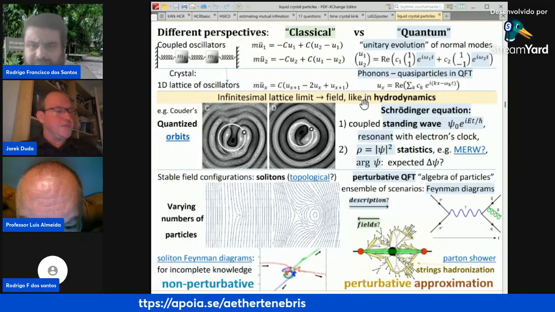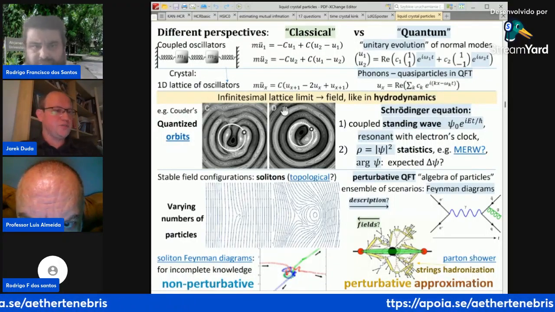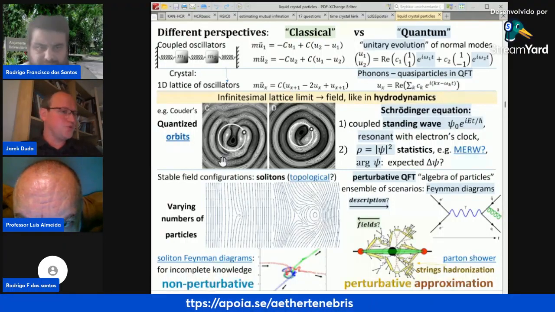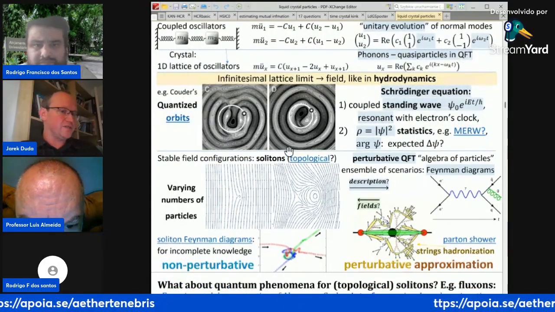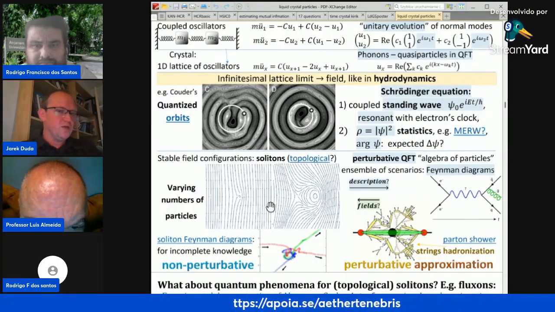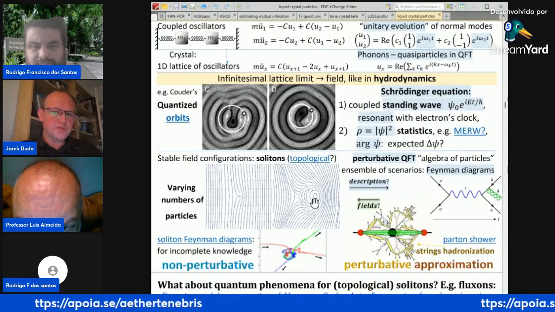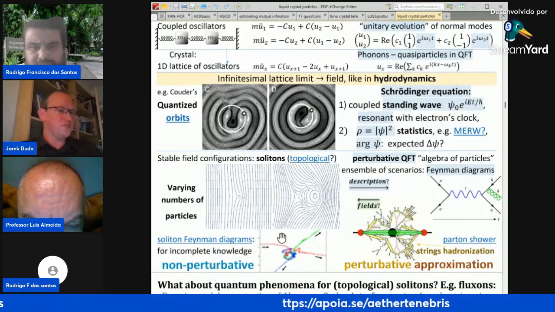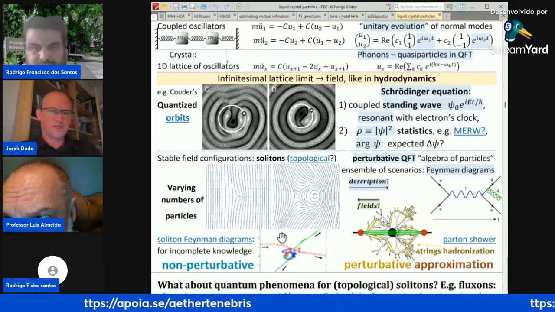Then in this infinitesimal limit, as mentioned, they also get quantized orbits, for example, in this bouncing droplet, because this coupled wave has to become a standing wave. And finally, we need this varying number of particles in quantum field theories, and in soliton models, we get it. Yes, we have 0 particles here, and now there is positive topological charge and negative topological charge. Through a continuous process, we can create pairs of electron-positron, for example.